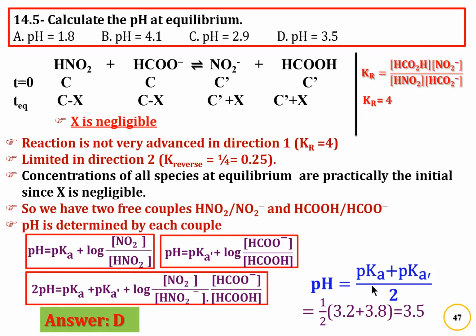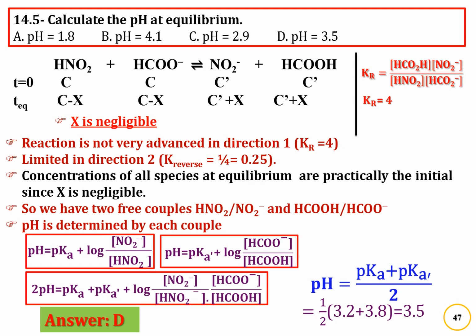To note that this relation can be applied directly without doing this proof. pH equals (pKa plus pKa prime) over 2 can be applied directly when we have the following conditions. Condition 1: weak acid plus weak base.